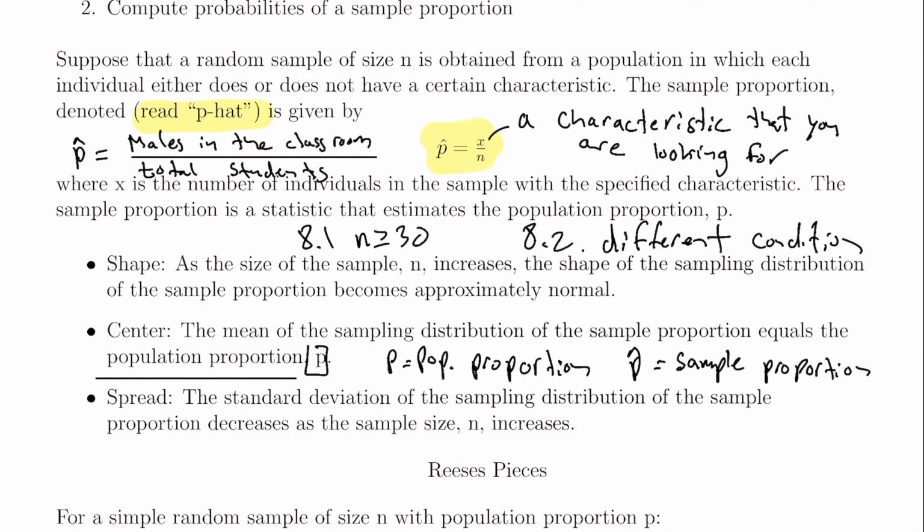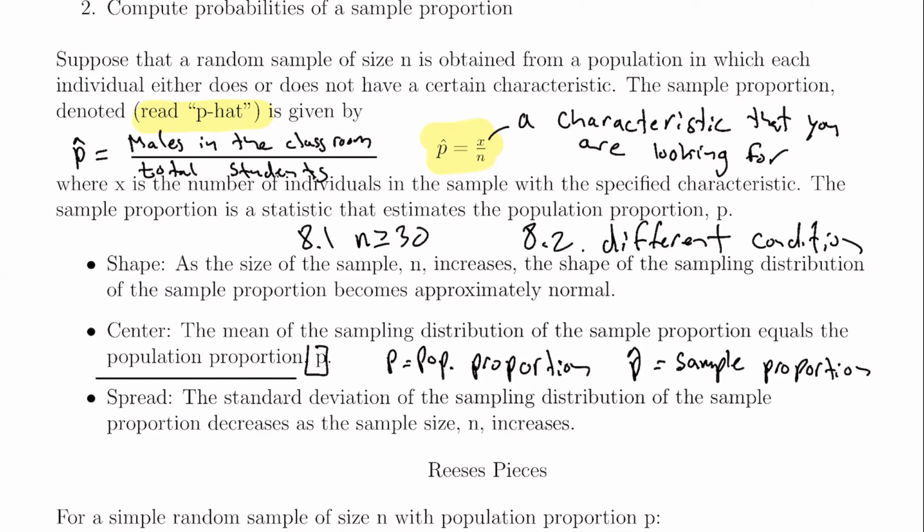All right, so the third one is the spread. It says the standard deviation of the sampling distribution of the sample proportion decreases as the sample size n increases. So the bigger the sample size you have, the smaller the spread. The smaller your sample size, the bigger the spread. That goes back to what we did last week with standard error.